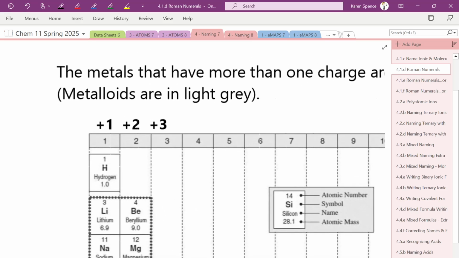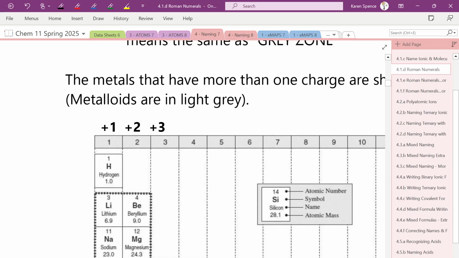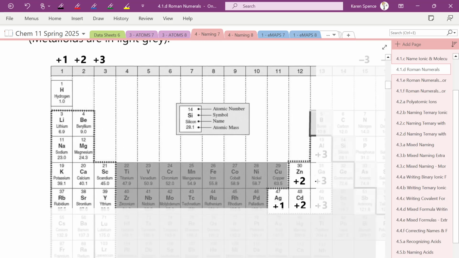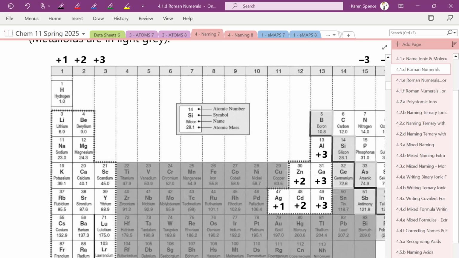Group 1 is +1, group 2 is +2, group 3 is +3. And then after the really easy 1, 2, 3, we hit the red zone, which in this case is gray. So we could also call it the gray zone.